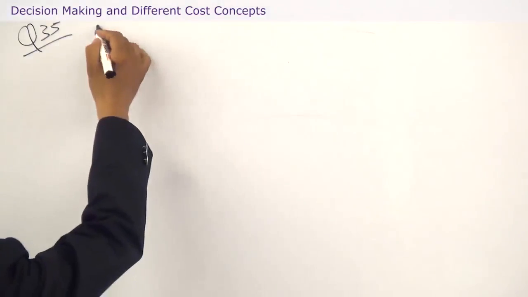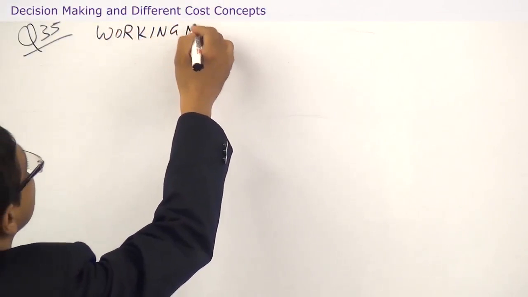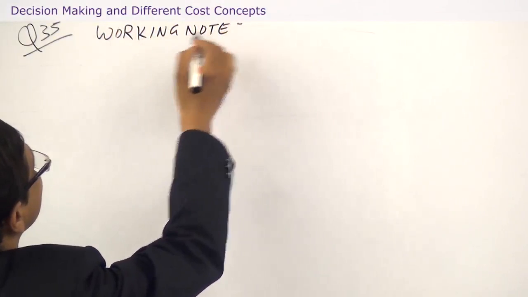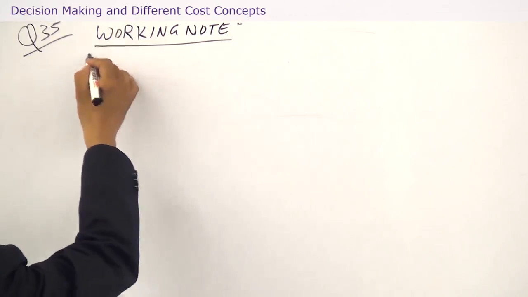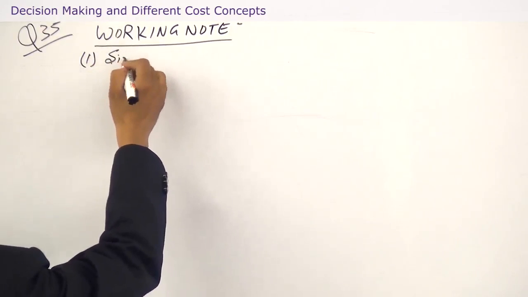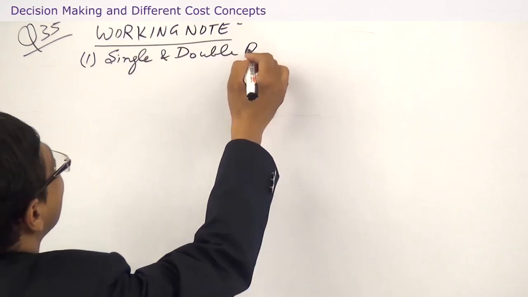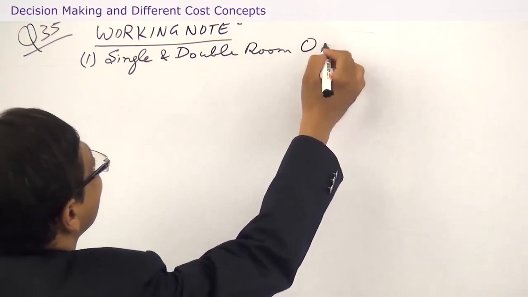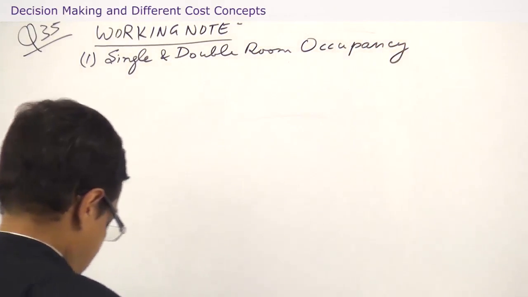So, we will start with working notes. First point, you are going to find single and double room occupancy. Right?